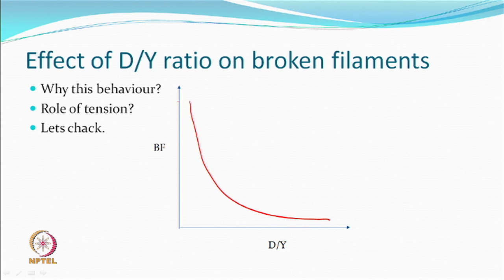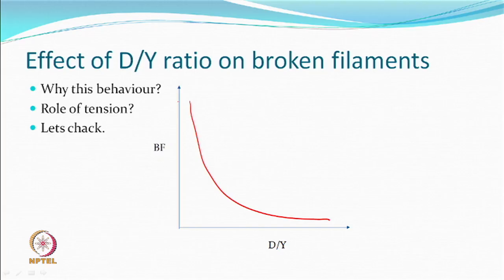Same parameter, when you increase, one characteristic falls and the other characteristic increases, and therefore you have a reason to be at an optimum D by Y ratio. So, we wanted to understand as to why the broken filament level, which also could be expressed in numbers per kilometer or something.